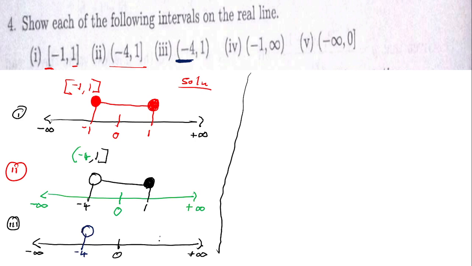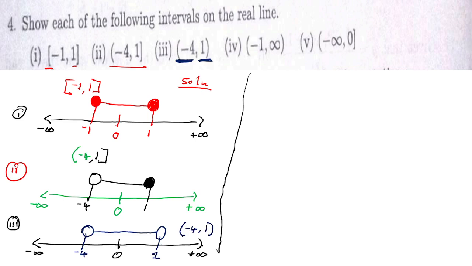Then you put a 1 there, and since 1 is not part of the set, you are also going to put an unshaded circle. And after that, you can just easily connect these two. So once you write this, you have just represented open negative 4, 1, and then open.